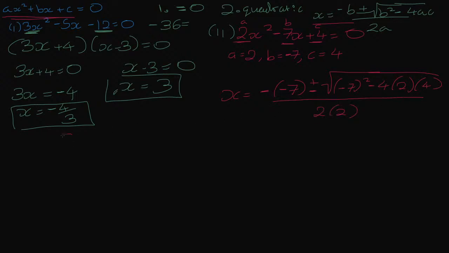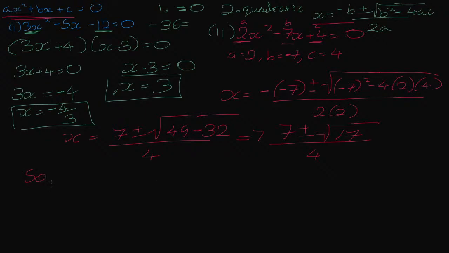So x is equal to 7 plus or minus the square root of 49 minus 32, all over 4. So this would be equal to 7 plus or minus the square root of 17, over 4.